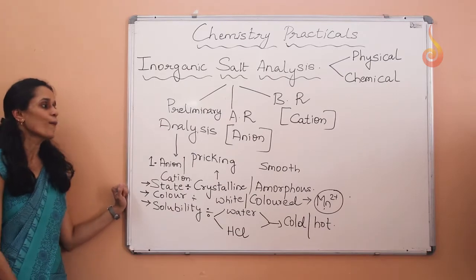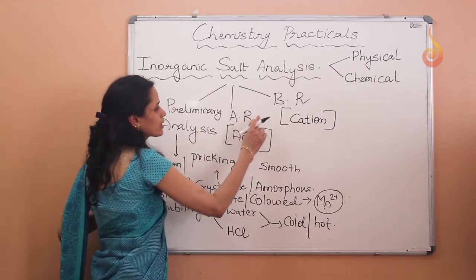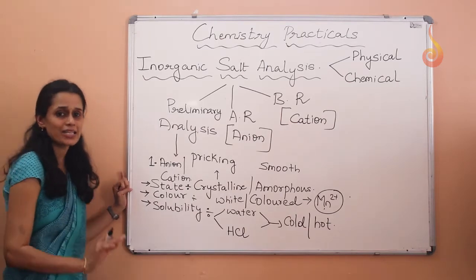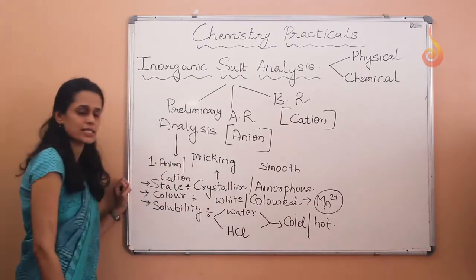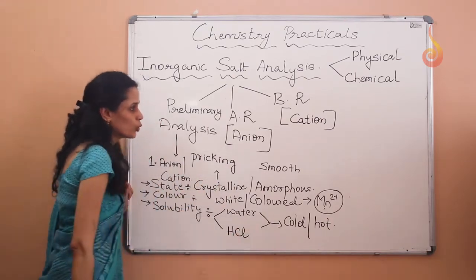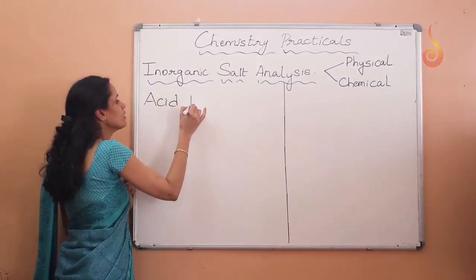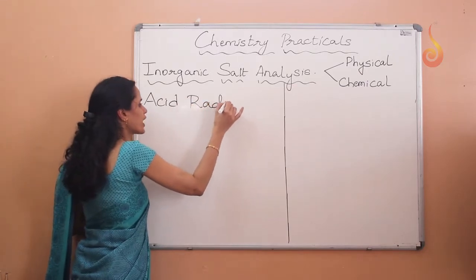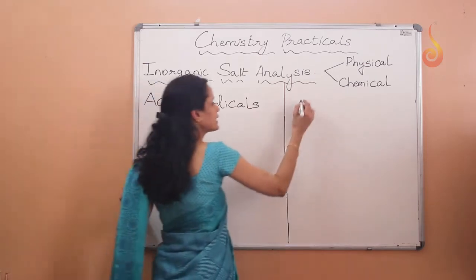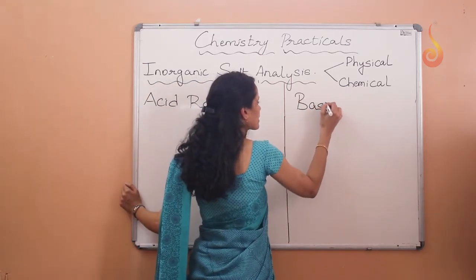Now, before going to the acid radical detection and basic radical detection, let us classify all the radicals into several groups. As I told, we are differentiating radicals into 2 types, acid radicals and basic radicals.